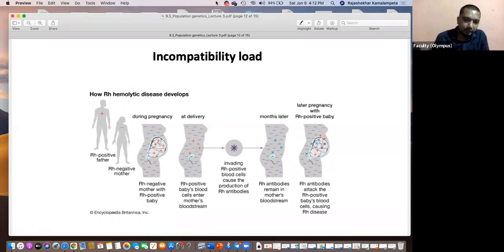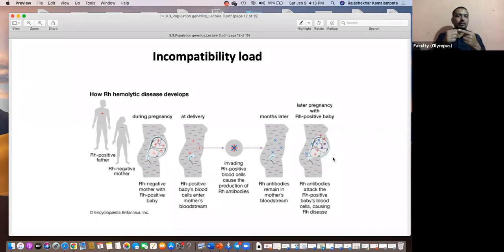Why? Because this mother already got exposed to the baby's blood. Her body made antibodies against the Rh positive, Rh factor. If the second baby, in a later pregnancy, happens to be an Rh positive baby again, and the baby is there in the mother's womb, just conceived, growing, mother's blood will now carry antibodies to that baby.